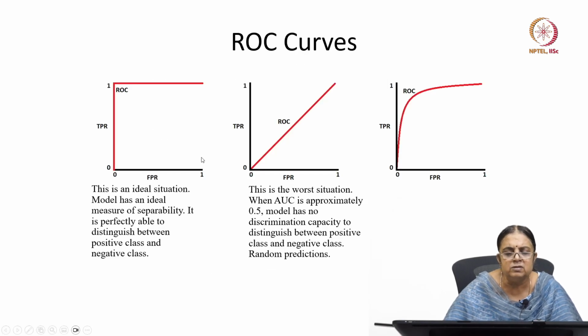And this is what is called the ROC curve. So that is the false positive rate by the true positive rate, okay. The ideal situation is to have a curve like this basically.